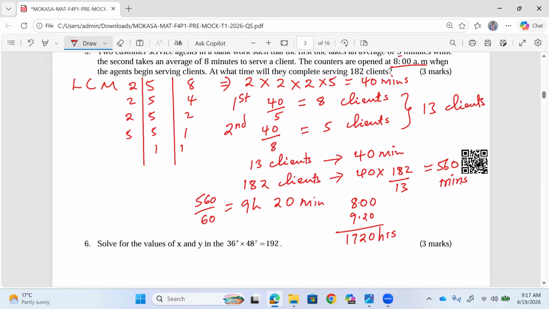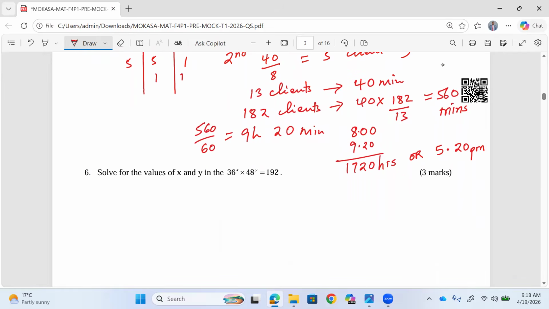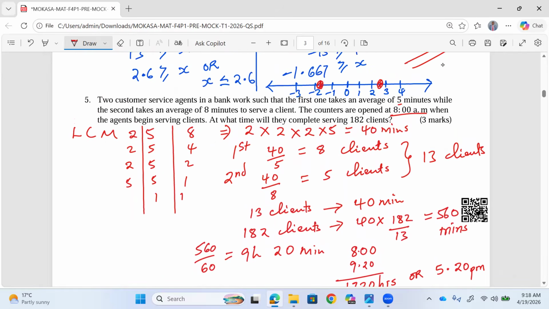That is the time they will finish working. Remember, this can also be stated, when you subtract 12, as 5:20 PM. When you write 5:20, you should be specific that it is PM. When you write in hours, that is the 24-hour clock system. So that is how LCM is applied in this great question.